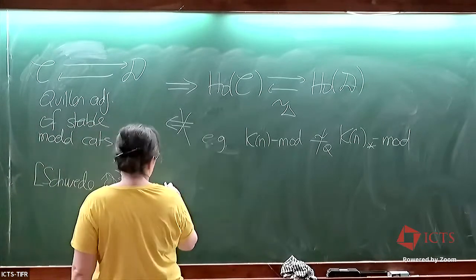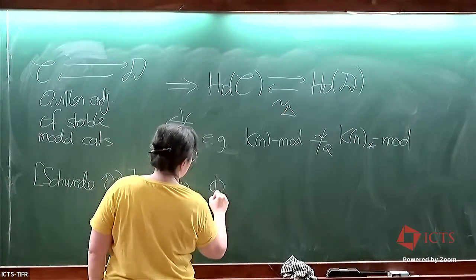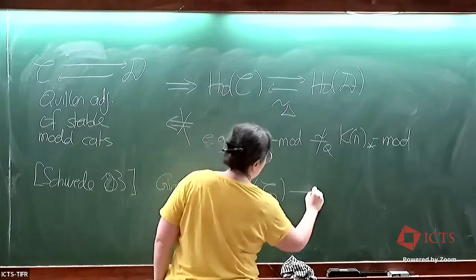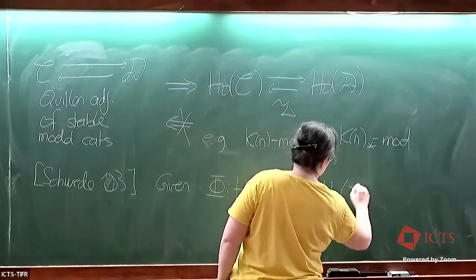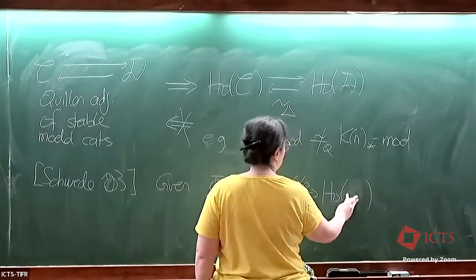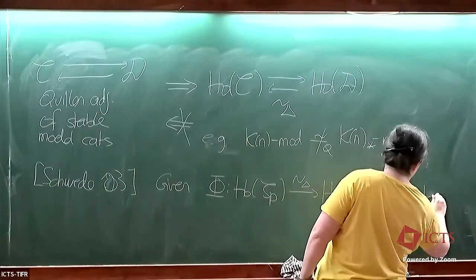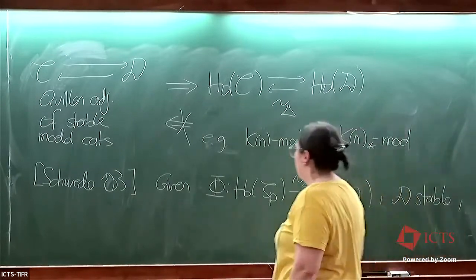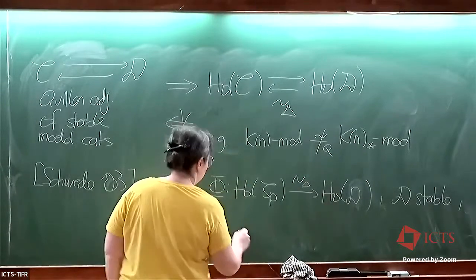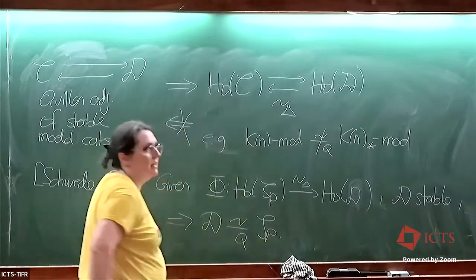So if I have a triangulated equivalence between a stable homotopy category and something else, let's call it D, because I also called the right one D, then this other mysterious D also has to be Quillen equivalent to spectra.